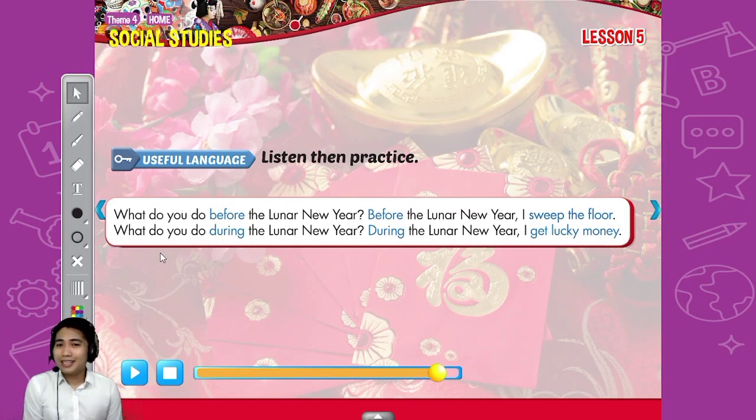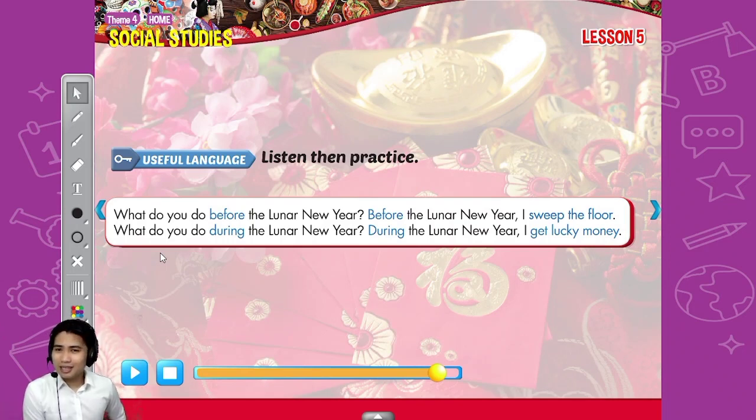Alright, so again, this is your useful language. We are now going to practice your useful language. I want you to listen carefully with the teacher. The given example here: what do you do before Lunar New Year? The answer is: before Lunar New Year, I sweep the floor.